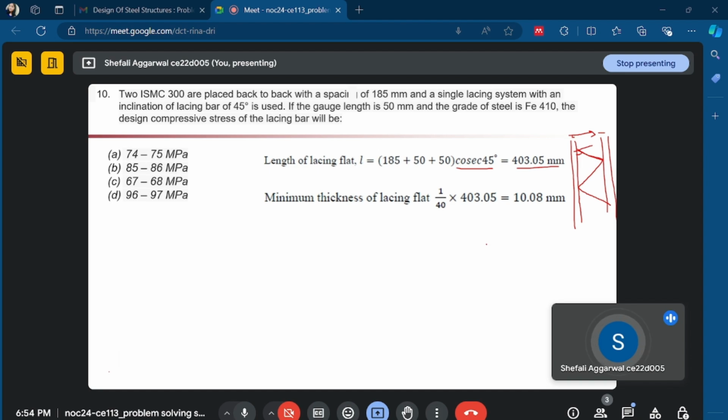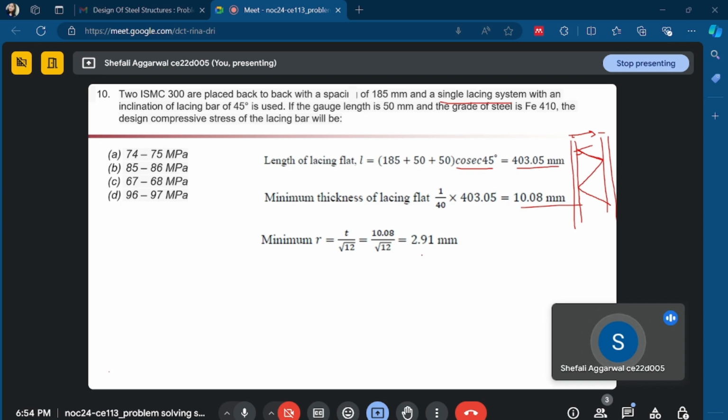Next we will calculate the thickness of our lacing flat. Since it is given as a single lacing system, our thickness is given by L divided by 40. So it will be 10.08 mm. Okay. Next we will calculate the radius of gyration. Same formula, thickness divided by under root 12.